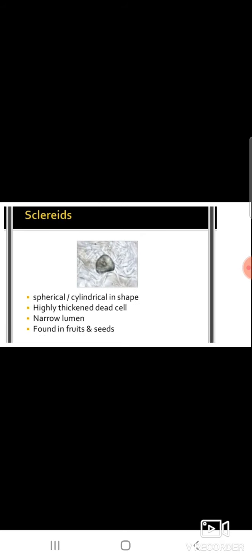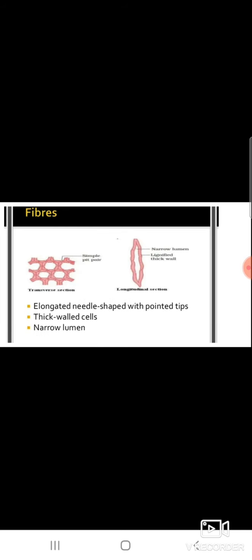Two forms of sclerenchyma: sclereids and fibers. Sclereids are spherical or cylindrical in shape, highly thickened dead cells with a narrow lumen, found in fruits and seeds.